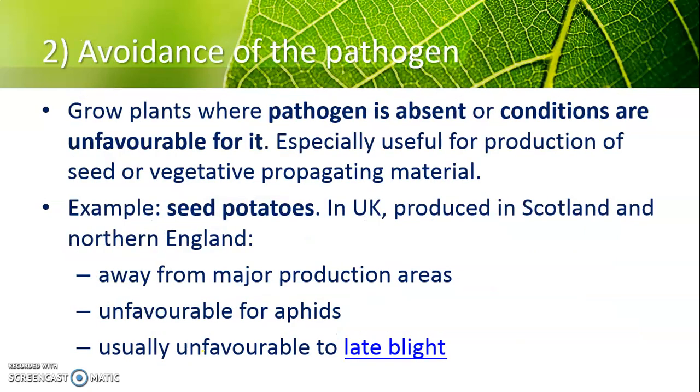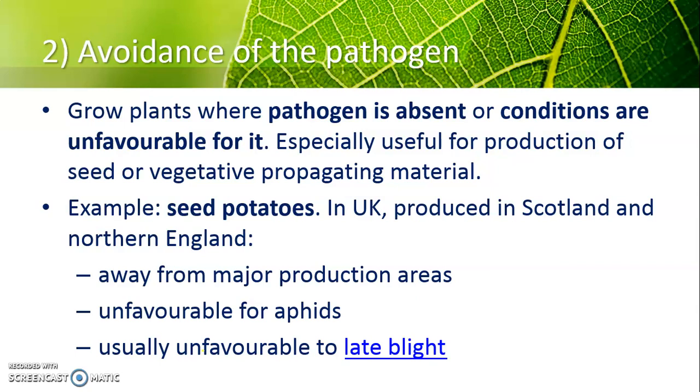Okay. The second one is the avoidance of the pathogen. So we avoid, because we know that the pathogen will always be there in the plot of our crop or plantation. So we have to avoid that. We can grow plants where the pathogen is absent or the conditions are unfavorable for it.